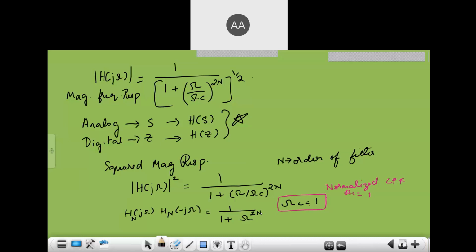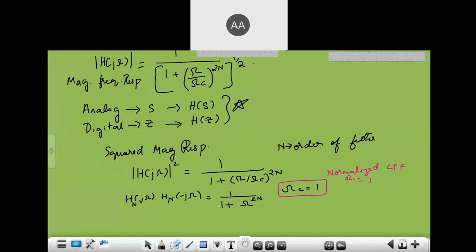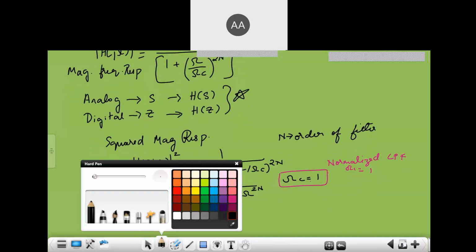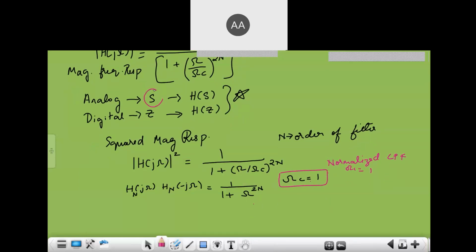Now I want to replace this, since I'm going to do the analog design. Remember, it is this S that I'm going to substitute. So in most cases, you will replace S with j omega, right? So I am going to replace j omega with S now. Why I am doing all these things, I will tell you.